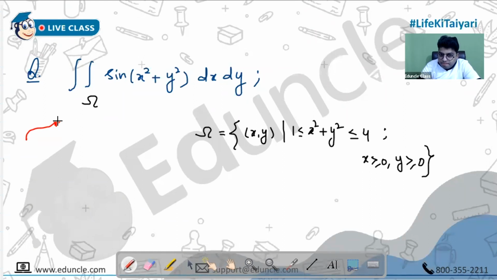ठीक है. So can you solve this problem by Liouville's or Dirichlet? You can solve, but just think when you convert x square plus y square, x square is equal to u, y square is equal to v, then convert the function, it will take more time.